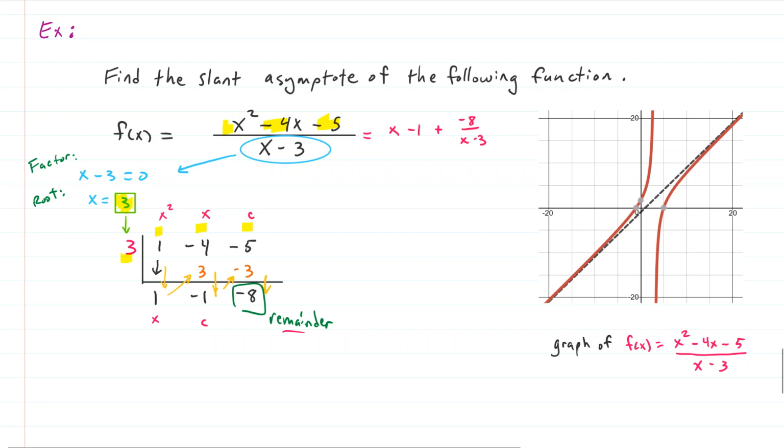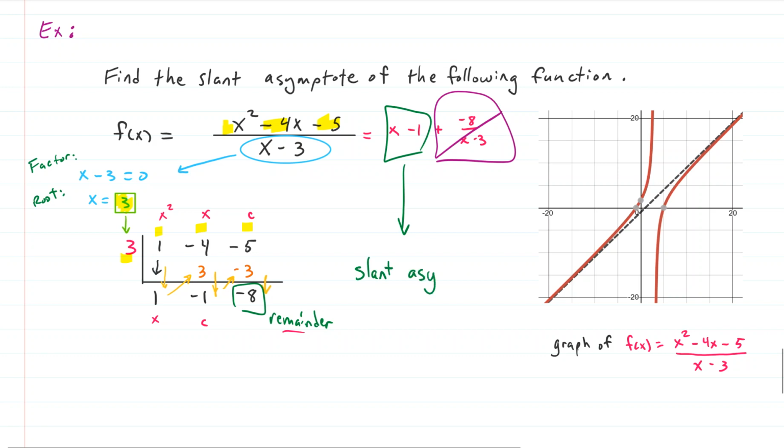The coefficients, the x and the -1, just came from the 1 and -1 in the bottom row of our synthetic division. So now we've finished our synthetic division. We locate the remainder and we get rid of it. And what's left? That is our new slant asymptote.